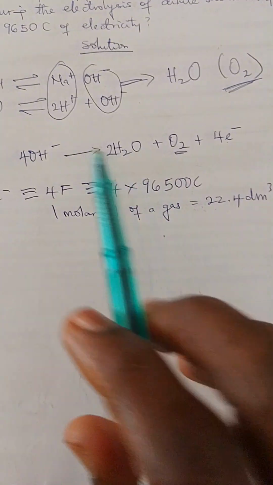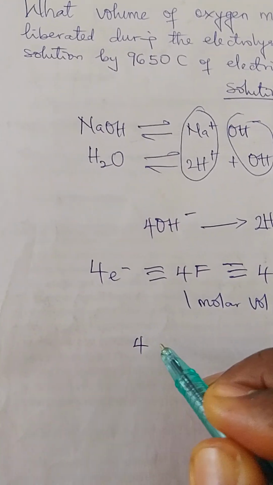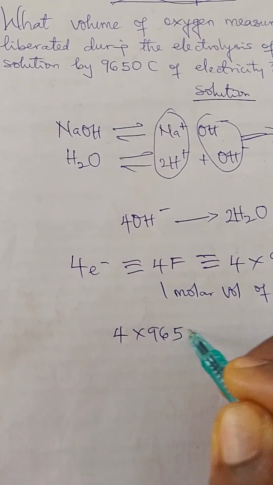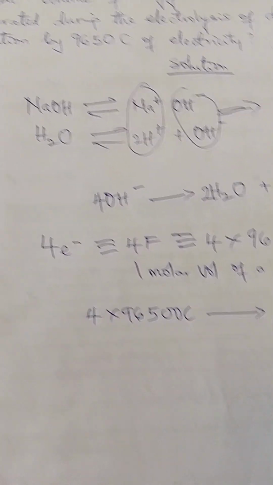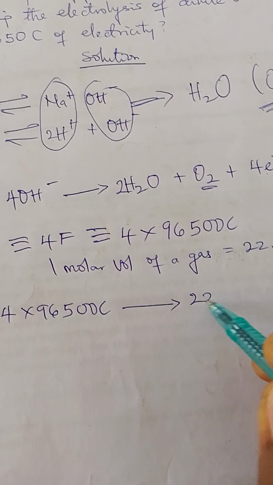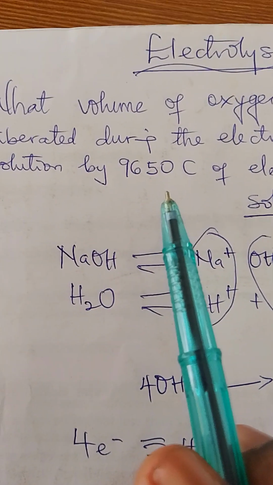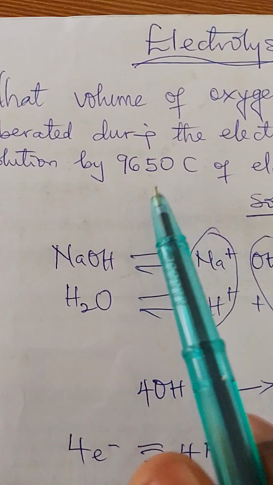The next step is for you to express this equation by saying 4 times 96,500 coulombs gave 1 volume of oxygen, that is 22.4 dm cube. And we are told from the question that the quantity of electricity used is 9,650 coulombs.